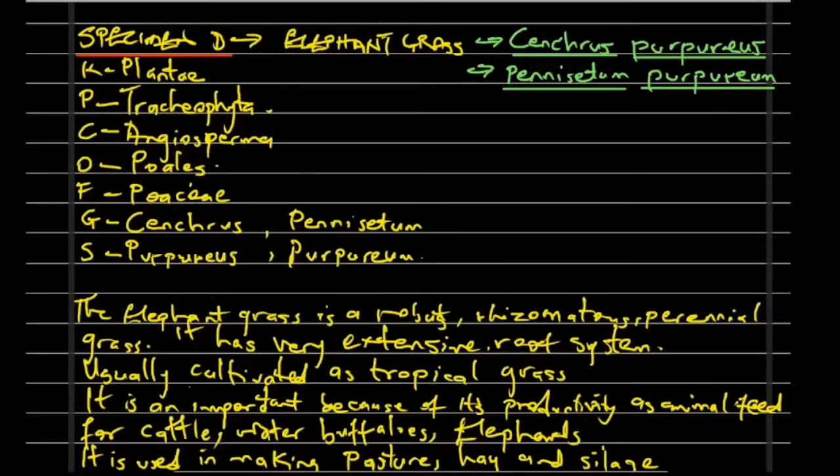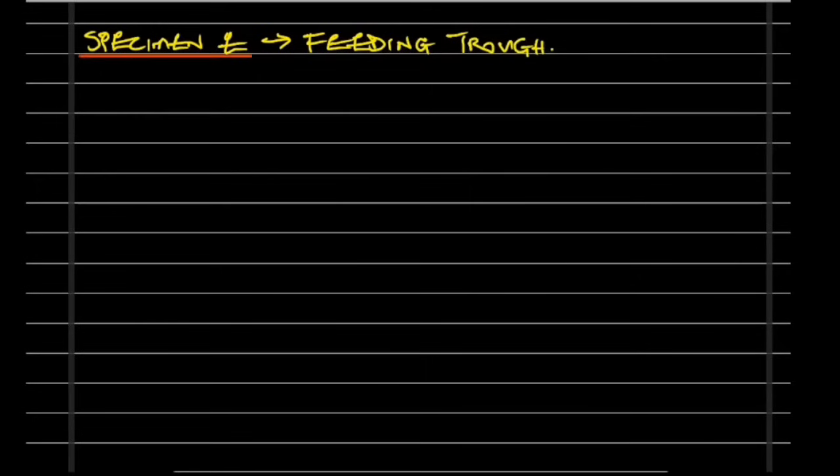So immediately we move to the next specimen, specimen E, which is the feeding trough. Feeding troughs are containers that are designed to make feeding easier for the animals.